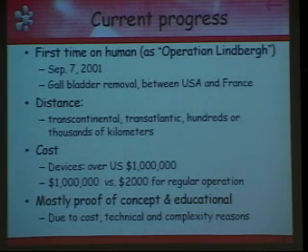We know that at the beginning, the cost of devices was quite expensive. A set of such devices may cost over $1 million. Therefore, at the current stage, telesurgery is mostly proof of concept and for educational purposes because of cost, technical, and complexity reasons.